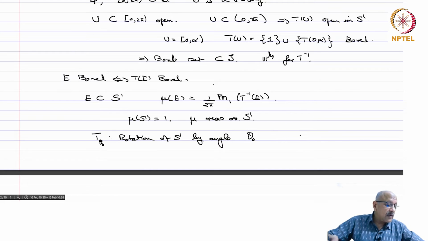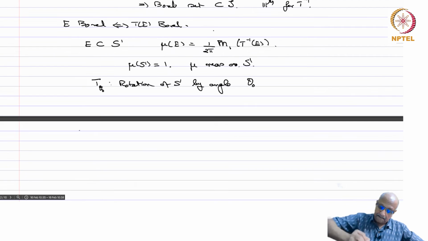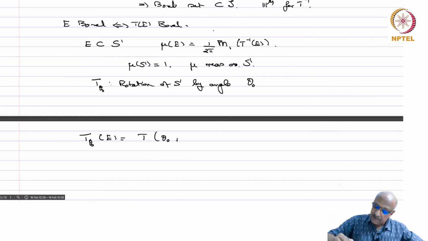Now what is R theta naught of E? This is nothing but T of (theta naught plus T inverse of E), where T is the mapping which I gave before.